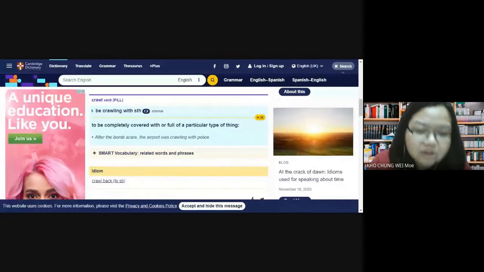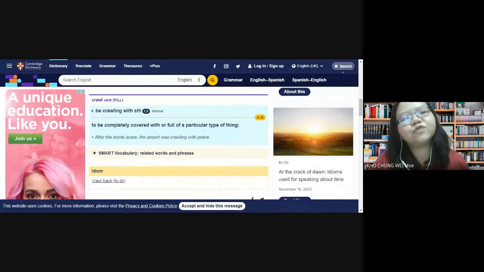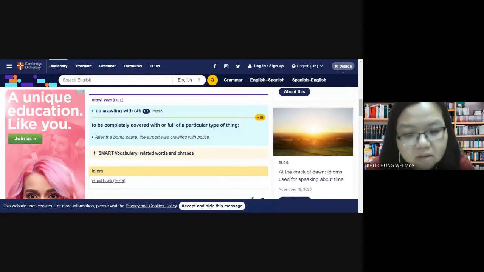Okay, Shafika, found is a past tense form of the verb find. So you do not say would found. Like I said, the base form, the original form of the verb, is find, F-I-N-D, not found. Okay? All right, let's move on.